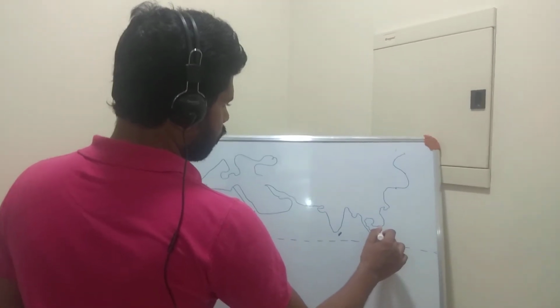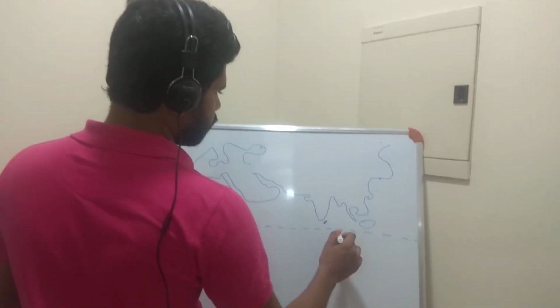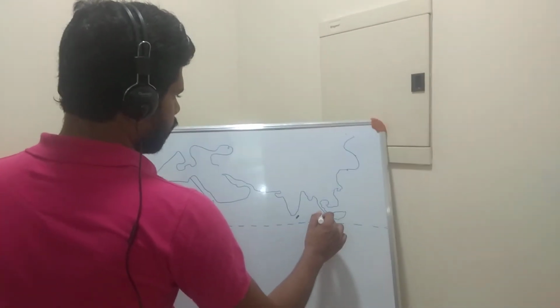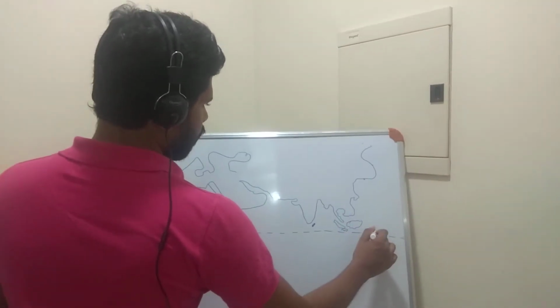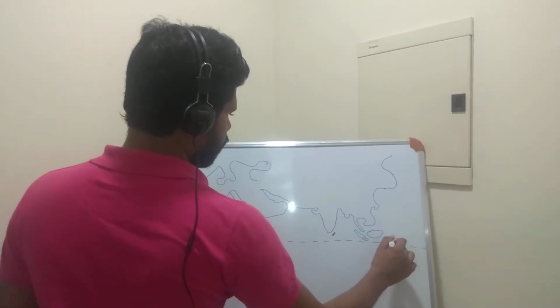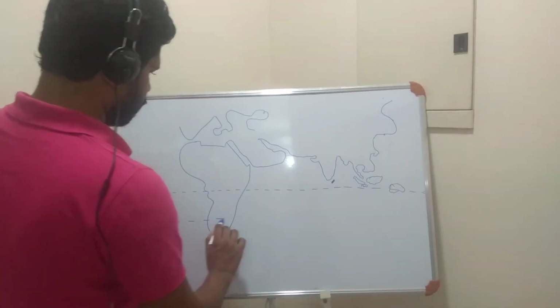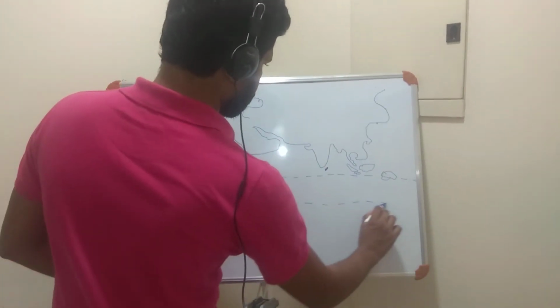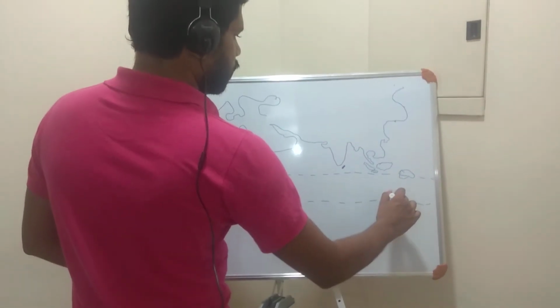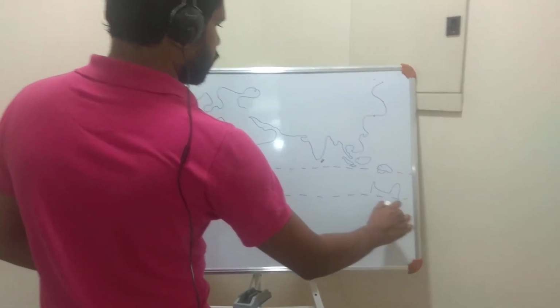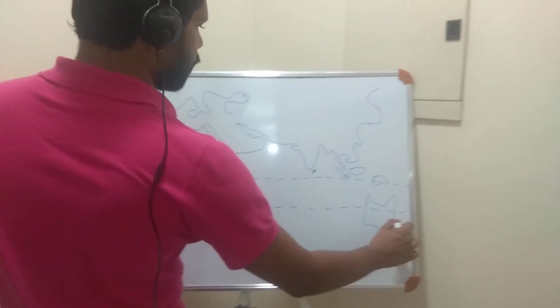On Borneo Island you can see some Malaysia as well as Brunei, and Indonesian islands like Sumatra, Java, and on this side the Papua New Guinean islands. And if you look at the Tropic of Capricorn, here you find the Australian region as well as the Tasmanian islands.